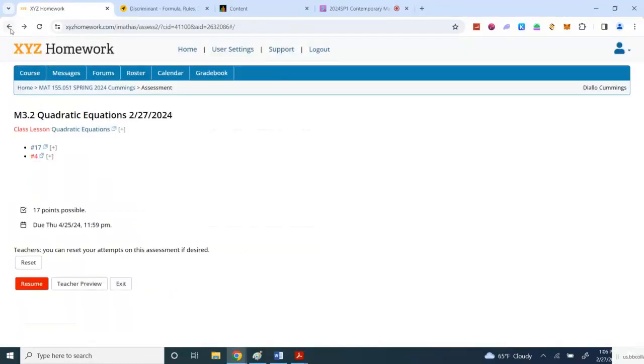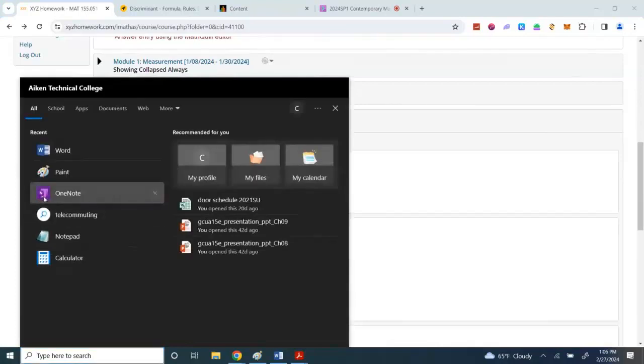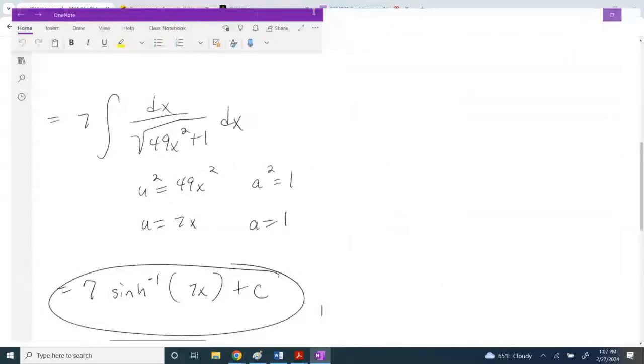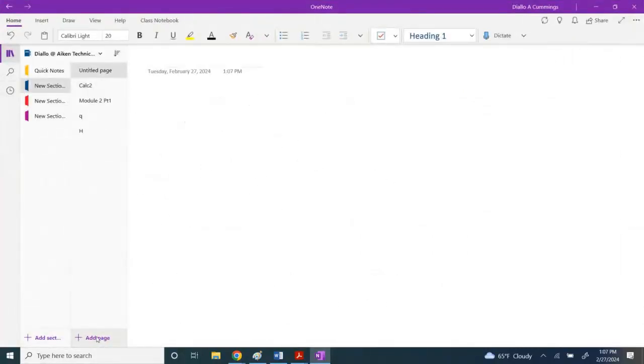All right, but nonetheless, let's look at the first part, and it is solving linear equations. Let me just add a page.